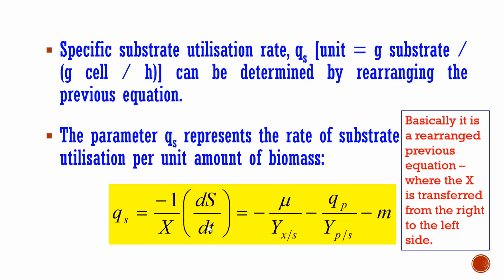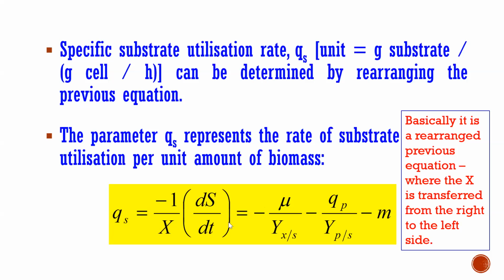So dS over dt is equal to a constant multiplied with X. This X is originally at this place, on the left side of the equation. So if you want to have QS as a function, you take this X, put it here. Similar to the Malthusian concept, but now we are dealing with substrate concentration. So take note, this is not mu, it's now QS. And the unit is not per hour anymore. This is the unit.